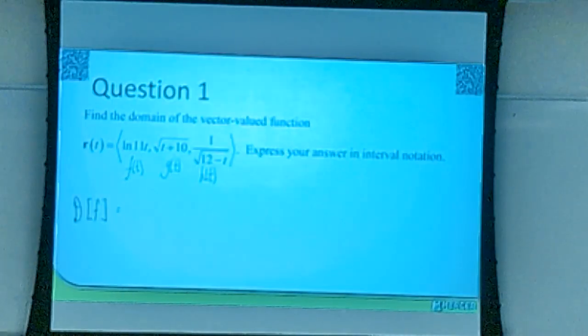Starting with f. What's the domain for natural log of 11t? Making you think back to pre-calculus.